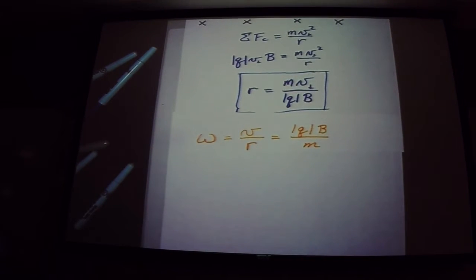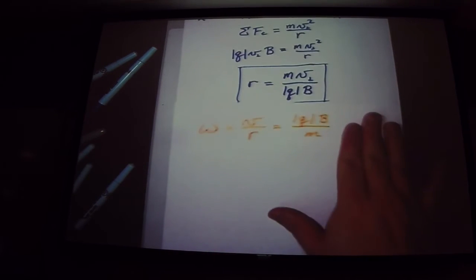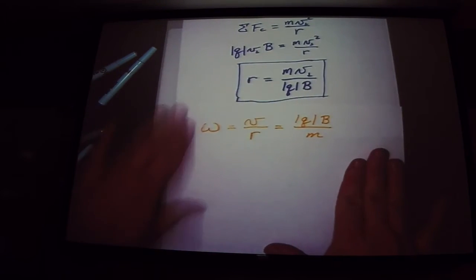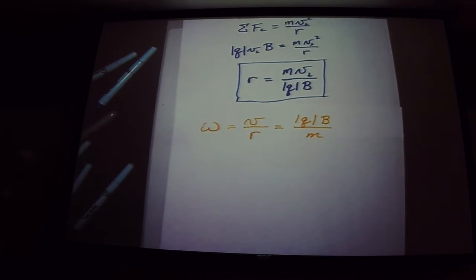Sometimes your given information will be in terms of this angular frequency, because you may not necessarily know the specific velocity, but you will know how often that particle goes back and forth or loops around in the circle.